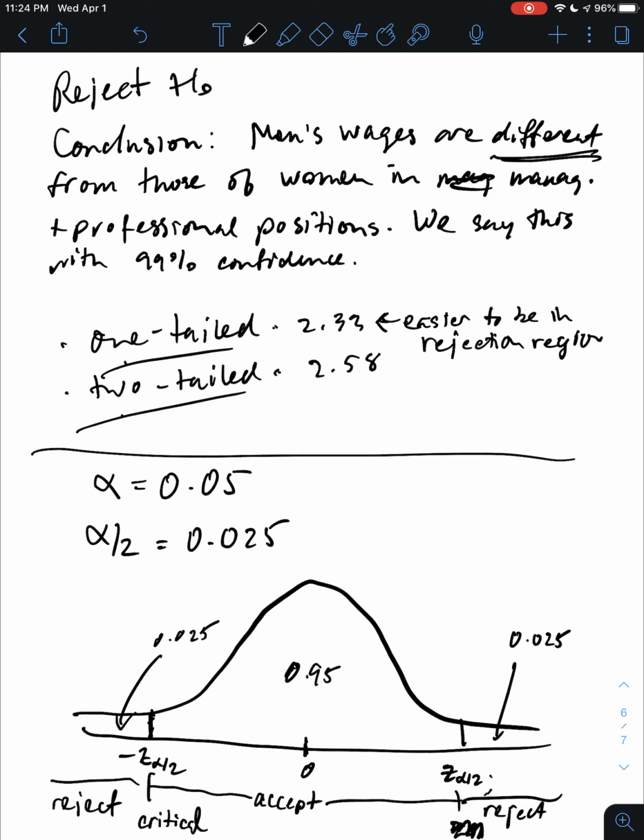The symbol that I use for the critical value is Z sub alpha over 2 for a two-tailed test. For a one-tailed test, the critical values are Z sub alpha. And so the Z sub alpha over 2 in this case is our familiar friend 1.96 would be the critical value, and this would be negative 1.96.